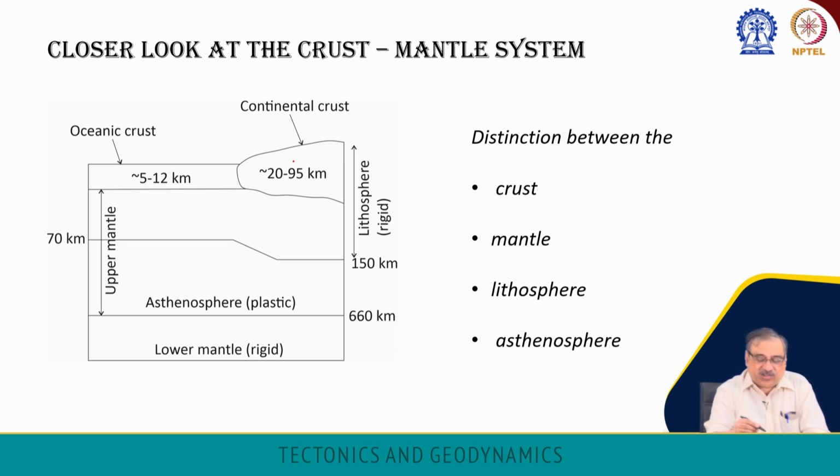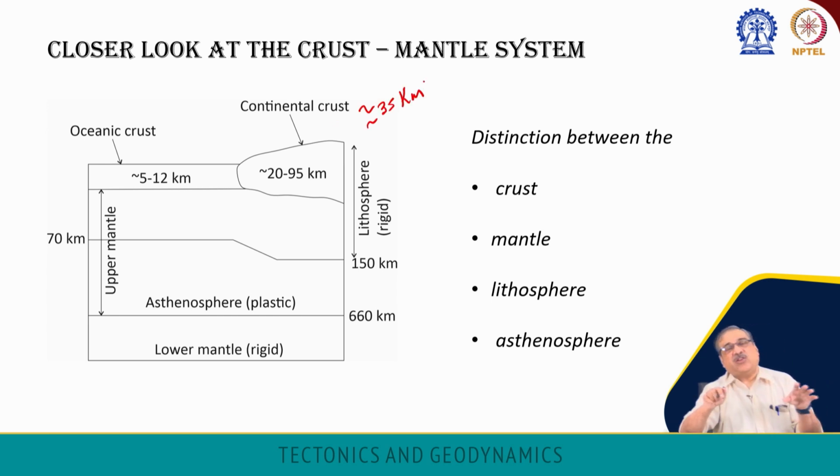Otherwise, on an average, the continental crust is around 35 kilometers thick. Right? So, just around 35 kilometers is the average thing that you see in what we call continental shield areas, right? A part which is more or less stable thickness. So, the oceanic crust is much thinner than the continental crust. That's the first thing to note.